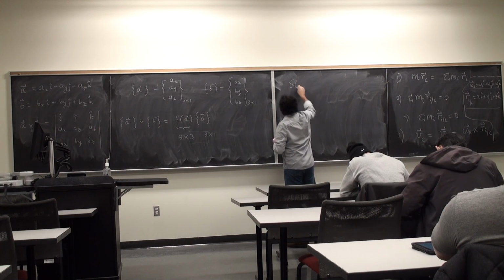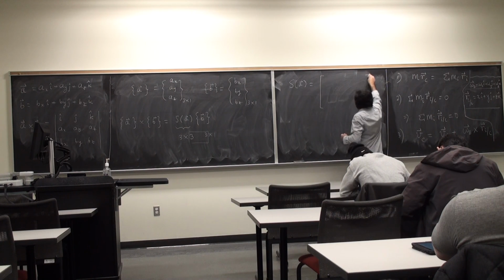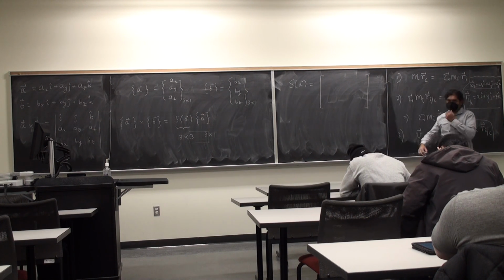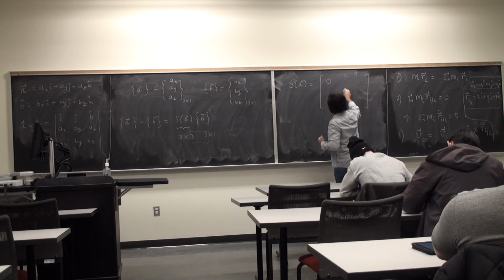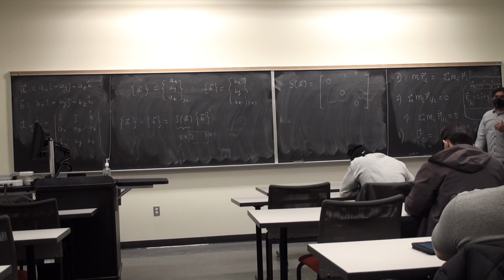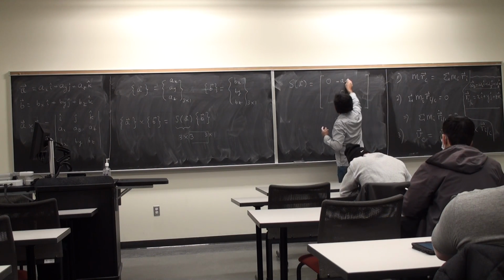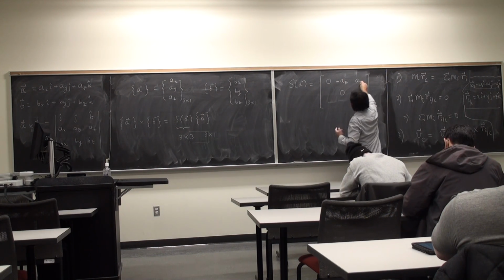So S of A is defined in the following way. All its diagonal elements are 0. In the first row, you're going to have the elements only for y and z written but in the positions offset. So this is minus az and then ay.